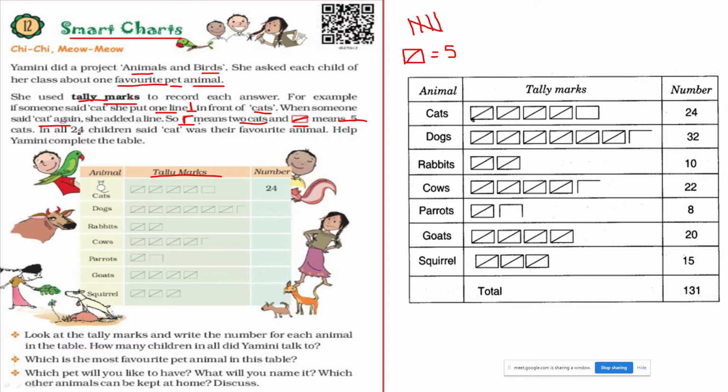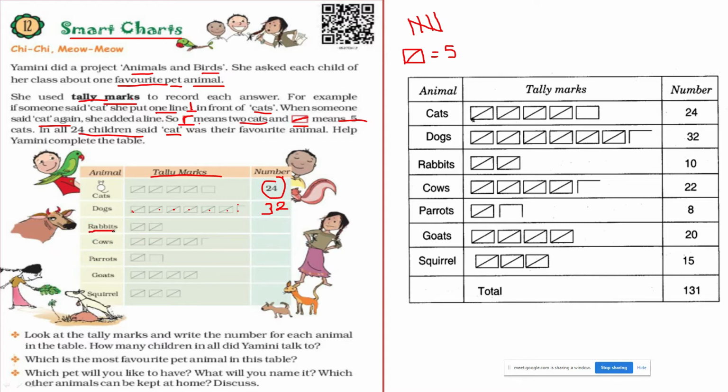In all, 24 children in the class said cat was their favorite, because you see 24 numbers are there. But for a dog, you see how many numbers are there? 1, 5, 10, 15, 20, 25, 30, 31, 32. 32 children said dog is their favorite animal.